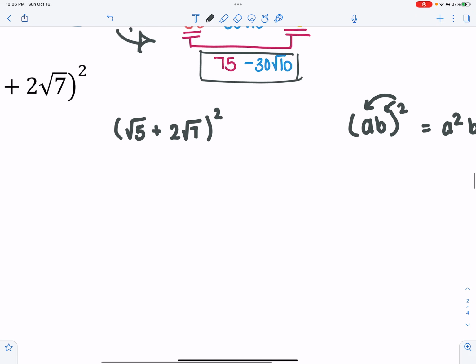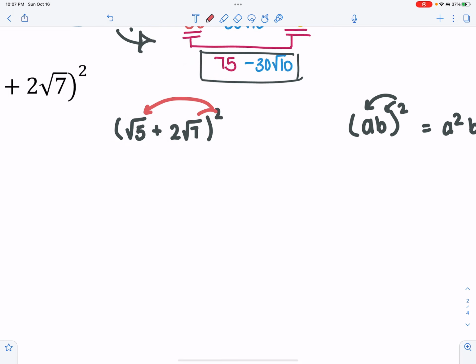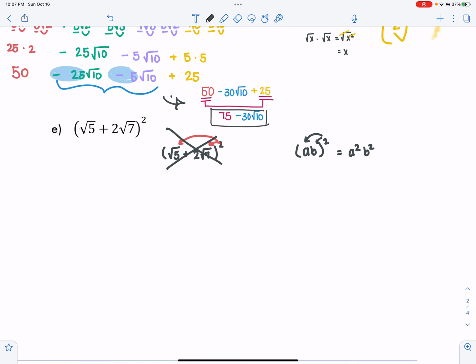That is true. What is not true is that you can distribute the square over addition. If you do that, you will get the wrong answer every time. You'll be missing a whole outer and inner term.